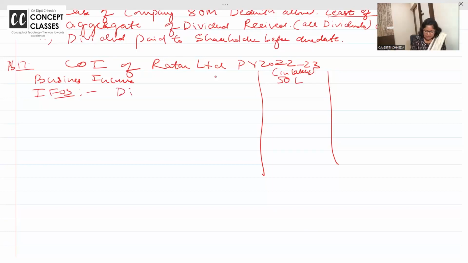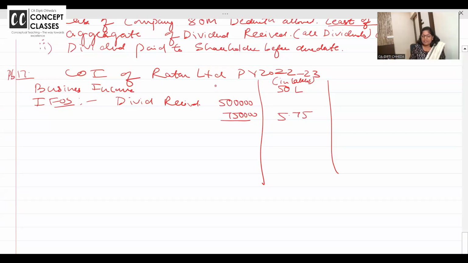They have received dividend. From one company, the dividend received is 5 lakh. From another company, it is 75,000. So 5.75. Interest is not there.